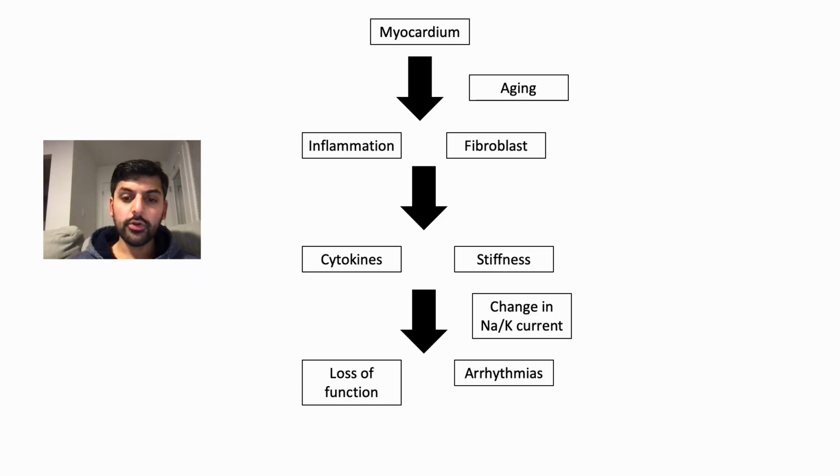Okay, so if we recall from part one, we know that as we get older, there's a giant increase in all these different inflammatory responses that tend to occur. Inflammation, generally speaking, isn't a bad thing. In order to fight off any kind of problem or issue and try to return to a normal homeostatic balance, a rapid immune response is required, and that tends to be an inflammatory response.